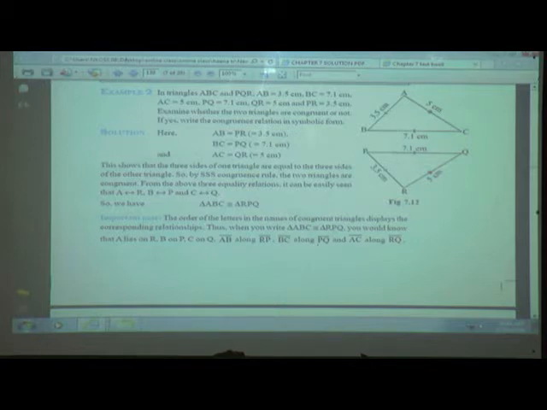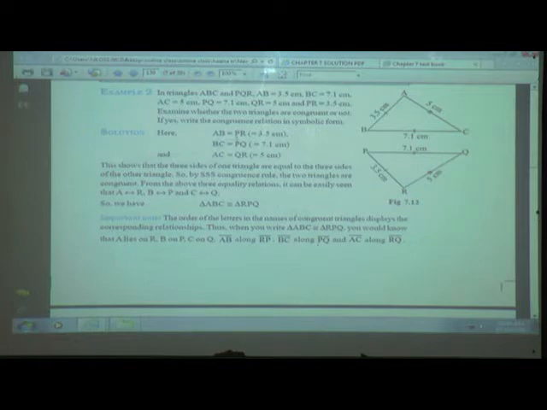So examine whether the two triangles are congruent or not. If yes, write the congruency relations in a symbolic form.